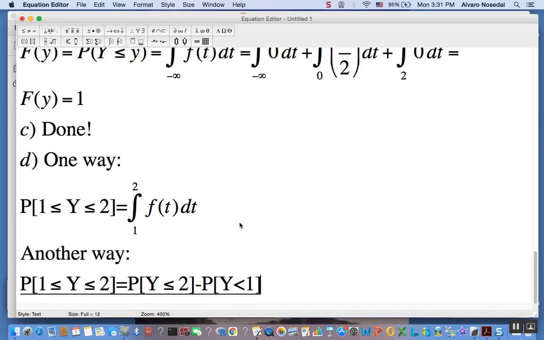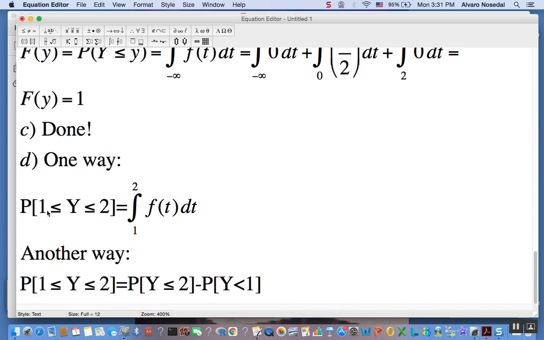Let me argue why. What's the probability that y is exactly equal to 1?